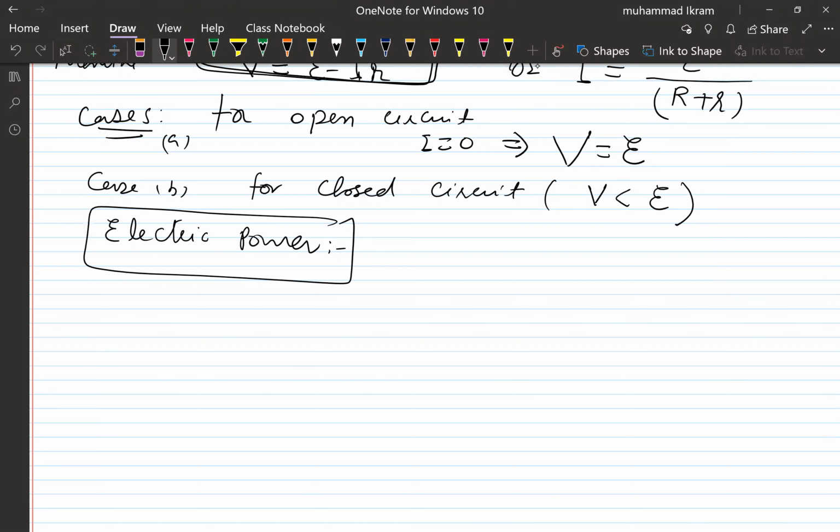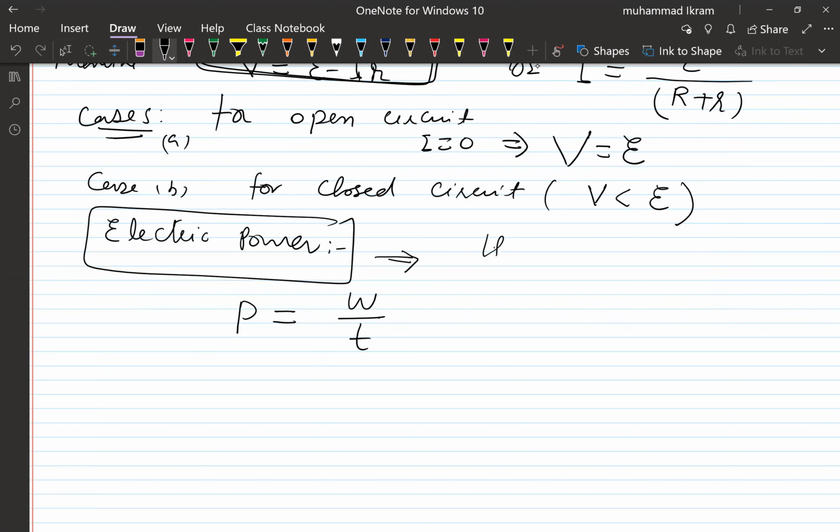But the electric power is in fact equal to what? The electric power is the rate of doing work. Now, what does the electric power tell you?